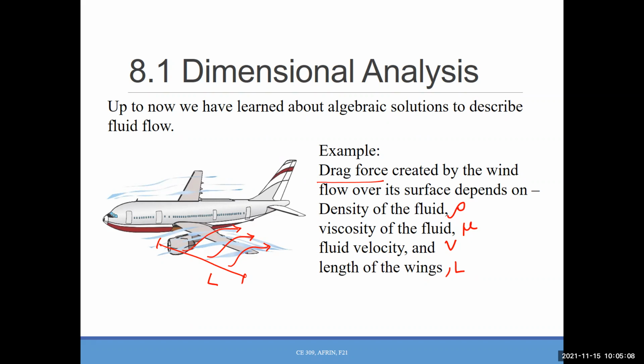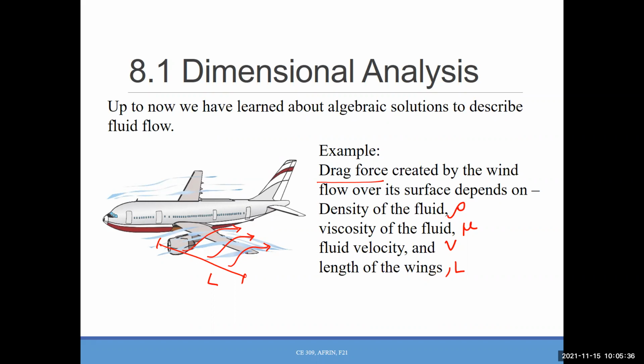Viscosity of the fluid can also be different based on the same things. Fluid velocity can be different for the air, and the length of the wings can be 200, 100, it can be anything to withstand the drag force. So these are the four things which can affect the drag force.